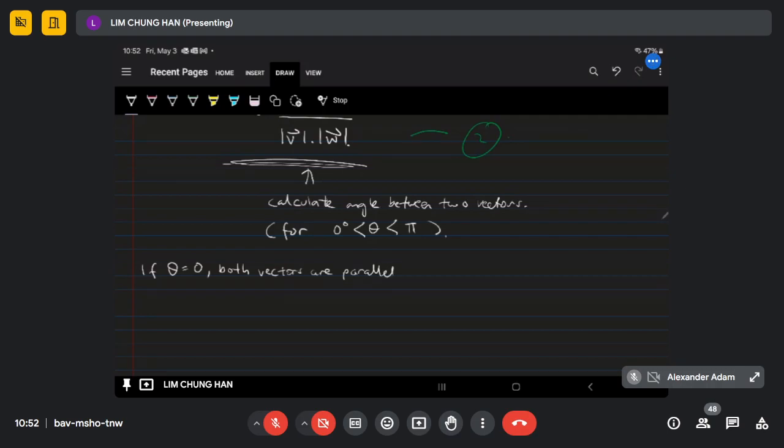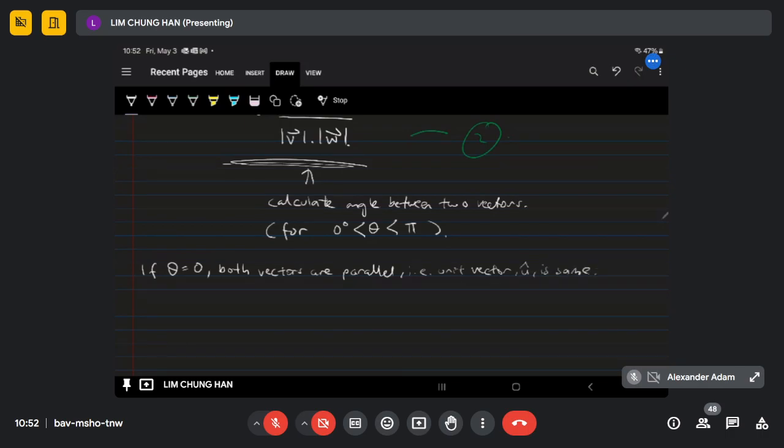What does it mean when both vectors are parallel? They have the same direction. If they have the same direction, they have the same unit vector.